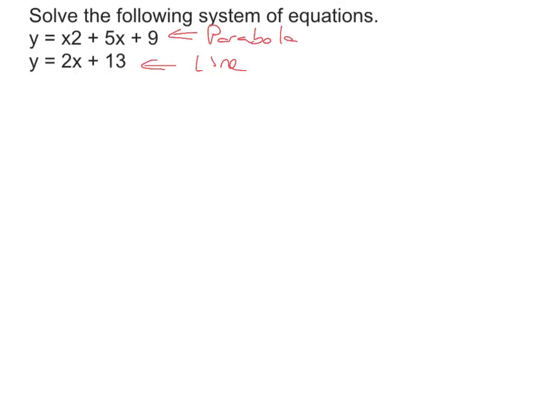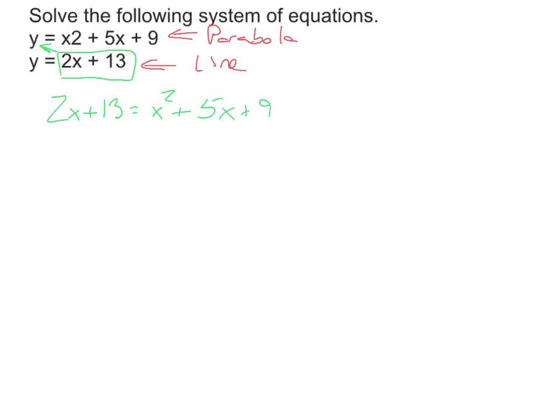So in order to solve this system of equations, since I know that 2x plus 13 is equal to y and x squared plus 5x plus 9 equals y, I can substitute this expression in place of y since they're both equal to it. So I can write this as 2x plus 13 equals x squared plus 5x plus 9.